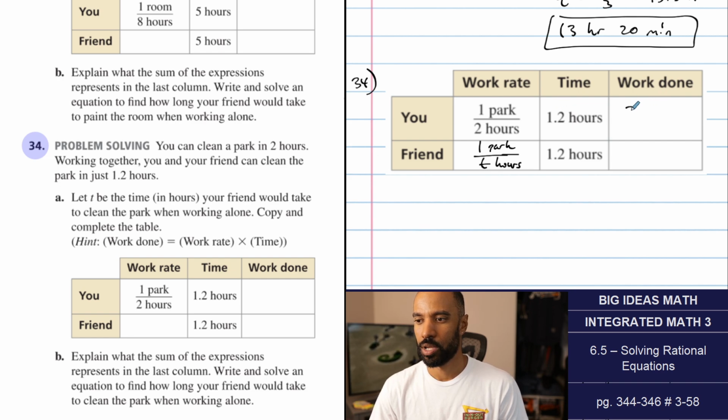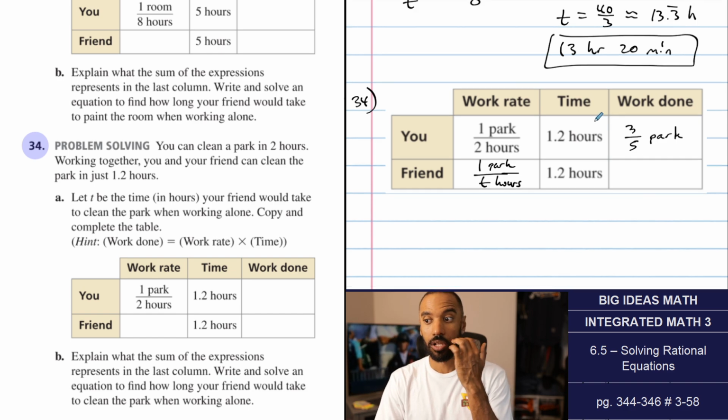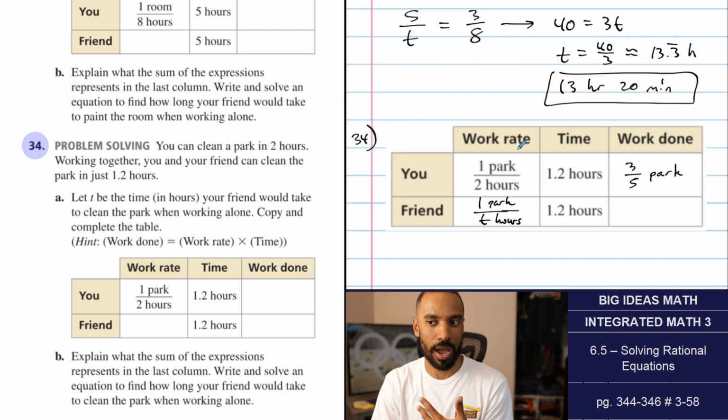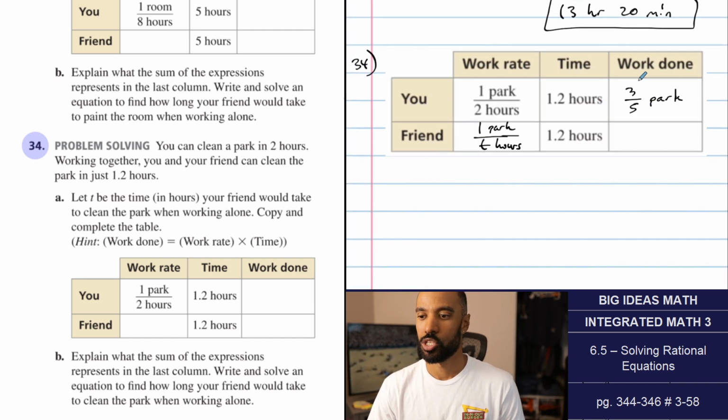So I can do 3/5 of a park. Your friend could technically do 2/5 of the park, which I guess leads to what I mentioned with the 3/8. If I can do 5/8 of the room, my friend does 3/8 of the room. So that makes sense that we even write it that way. It actually does. That's actually nice. So I can do the same thing here. This is 1.2 over t parks, if you want to say it that way.